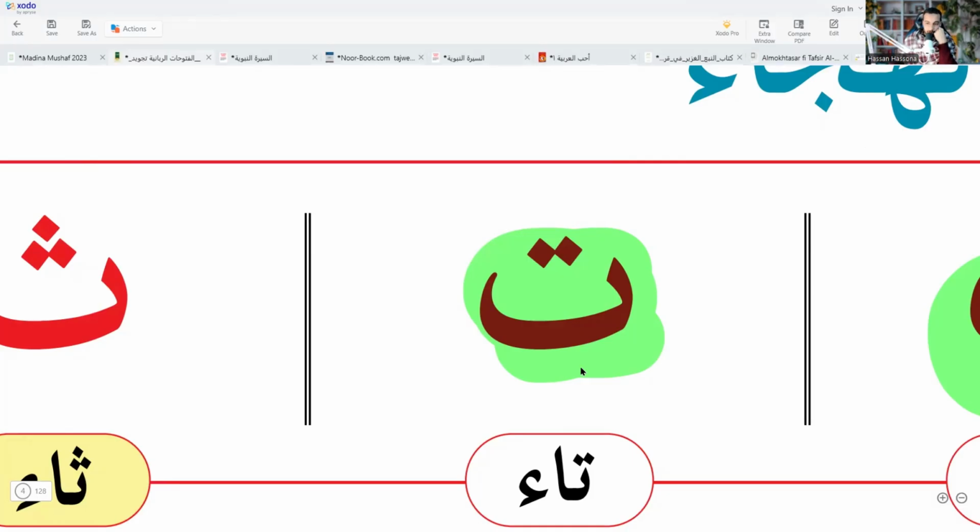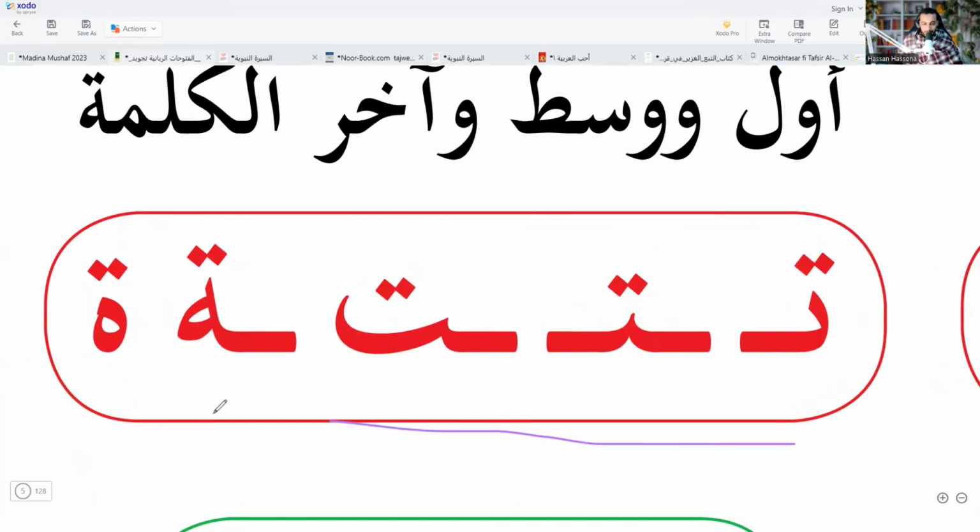The place of articulation. How to pronounce ta clearly. The tip of your tongue touches the area just behind the upper front teeth. Okay, repeat after me again, please. Ta, ta, ta. Now we'll see ta in different places. Ta at the beginning of the word.